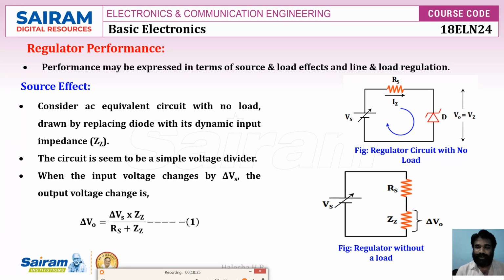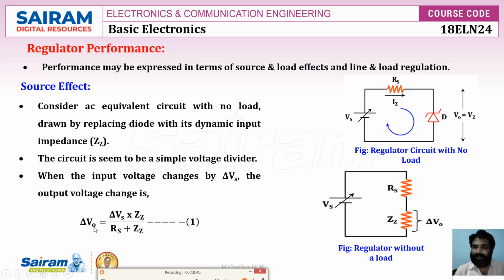Then the output change is expressed as the change in input voltage, delta VS, into the impedance ZZ divided by the total impedance, RS plus ZZ.